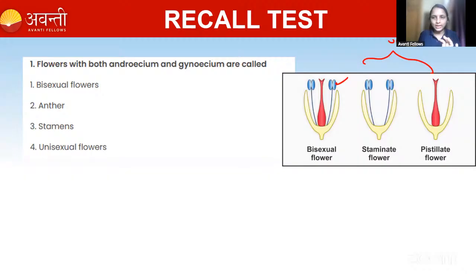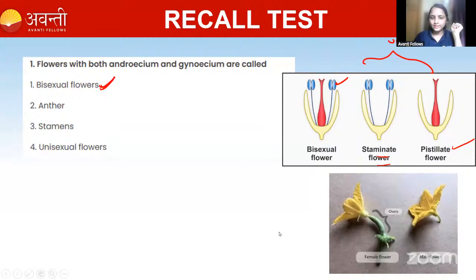Either it has the male or it has the female. If it has the male only, then we call it a staminate flower. If it has only the female part, it is called a pistillate flower. Pistillate flower and staminate flower. Remember. So that's why the correct answer is 1.